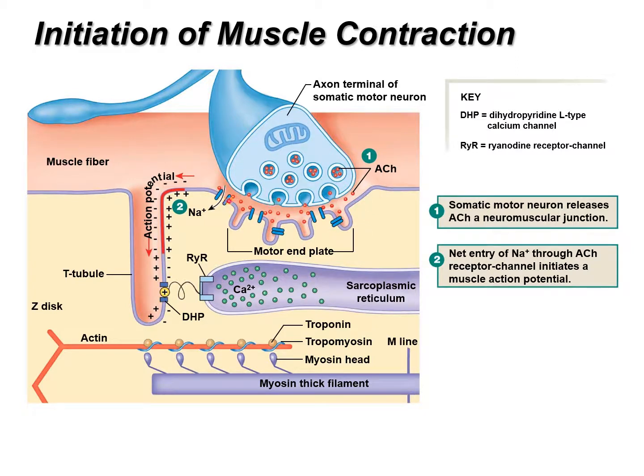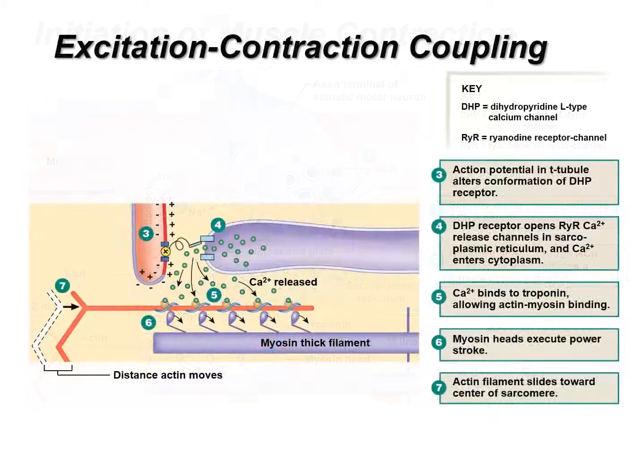These are the nicotinic flavor of acetylcholine receptors, and they in turn trigger an action potential on the surface of the muscle. That action potential spreads down through all of those T tubules, and we get down deep into the cell. So you have this widespread cellular depolarization occurring from acetylcholine striking the surface in those nicotinic receptors.